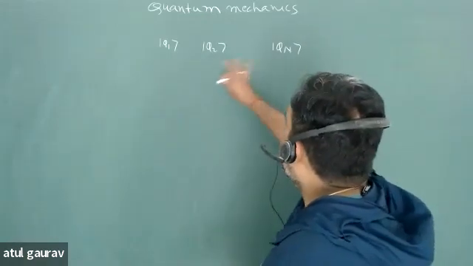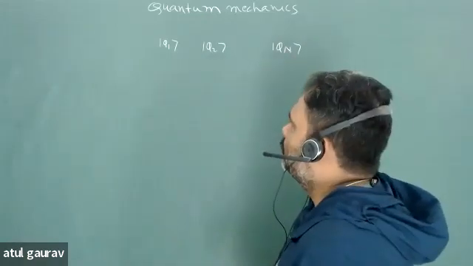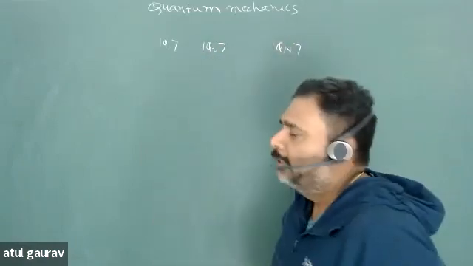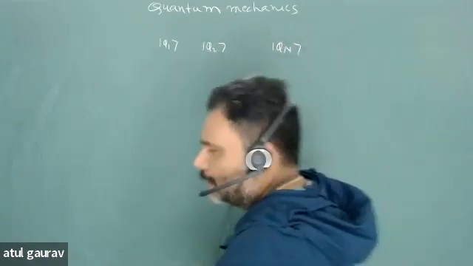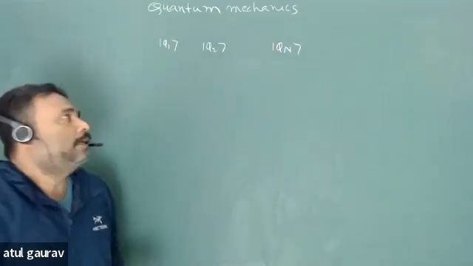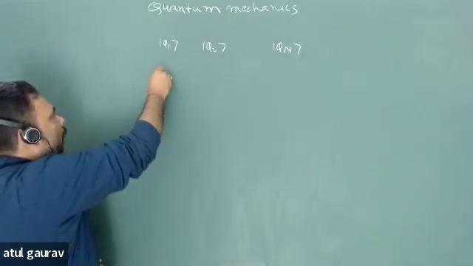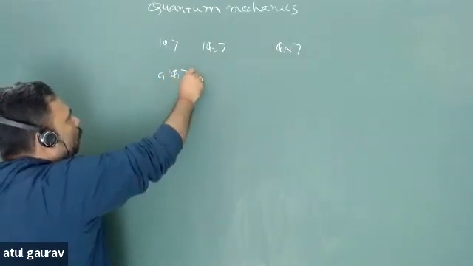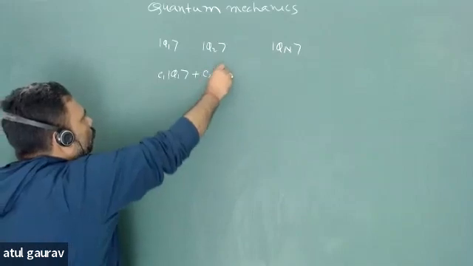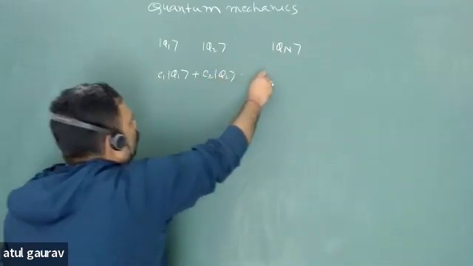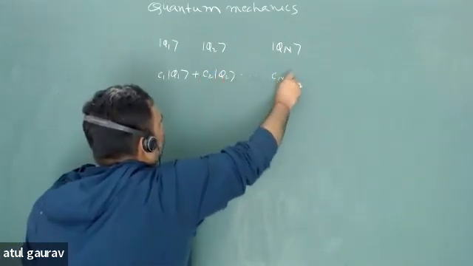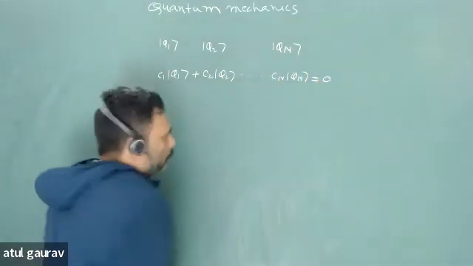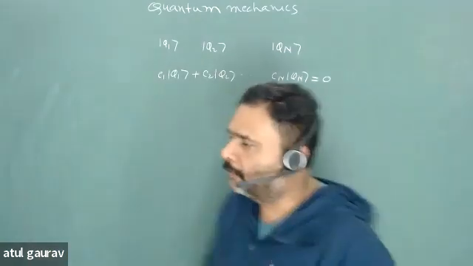Now, suppose I have n number of vectors, n number of kets, n number of functions. These functions are linearly independent if we have an equation C1 phi 1 plus C2 phi 2 up to Cn phi n, and that must equal 0.